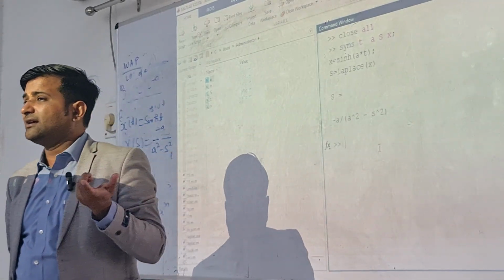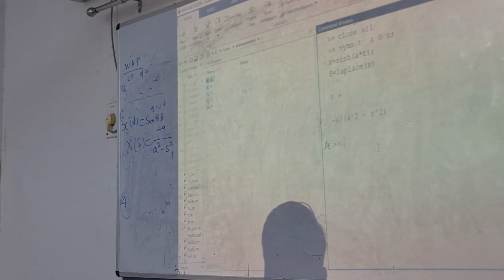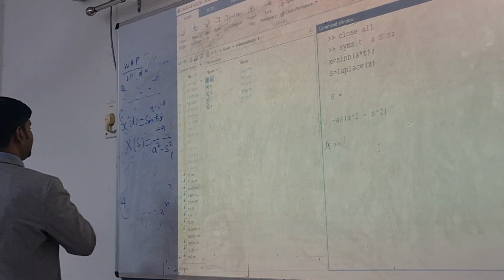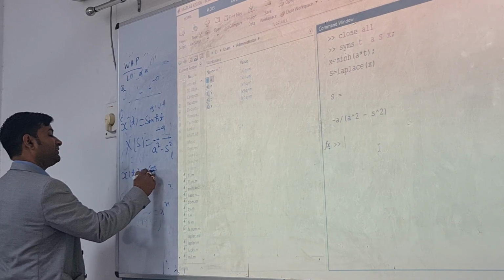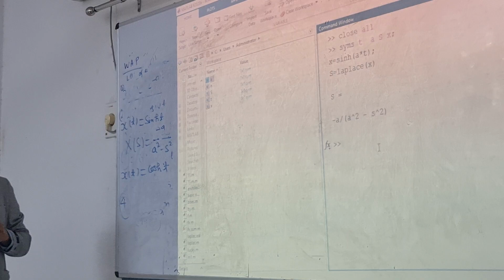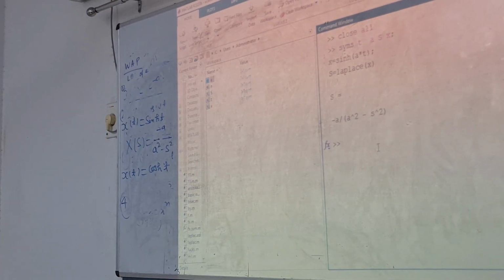Simply, you have written the Laplace transform of another hyperbolic function, x(t) equal to cosh(t). You are changing the input signal.